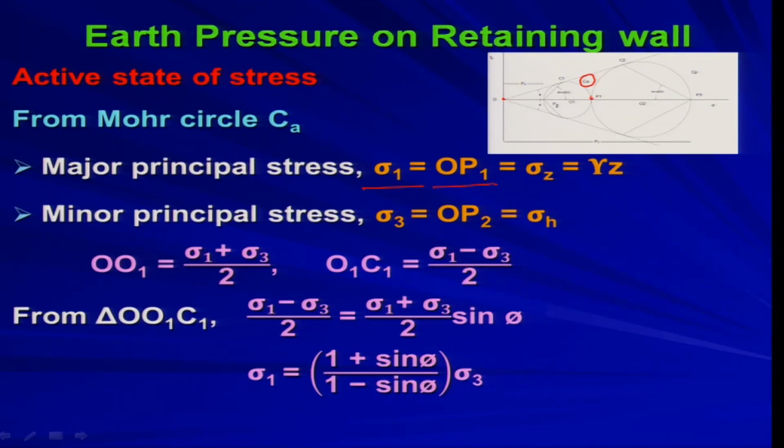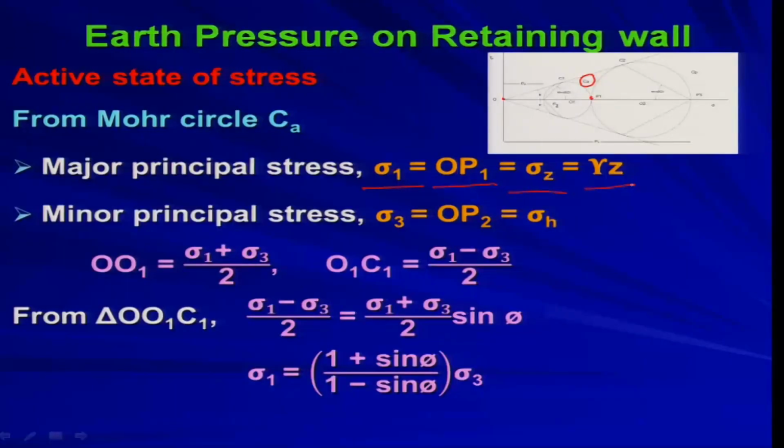So, OP1 is your sigma 1, which is nothing but sigma z, that means sigma v. Sigma z and sigma v are both the same; I have written sigma z to understand this more clearly. So, sigma z is equal to gamma z. So, sigma 1, the major principal stress in case of active state, is gamma z.